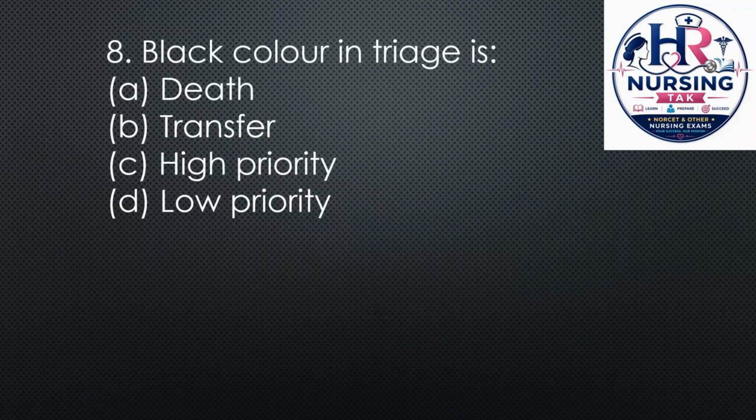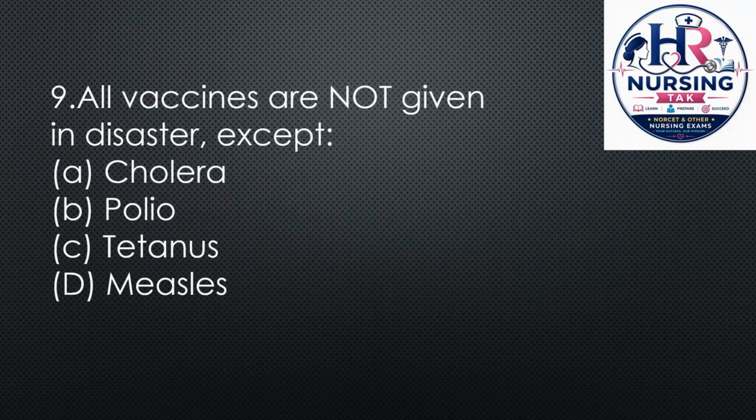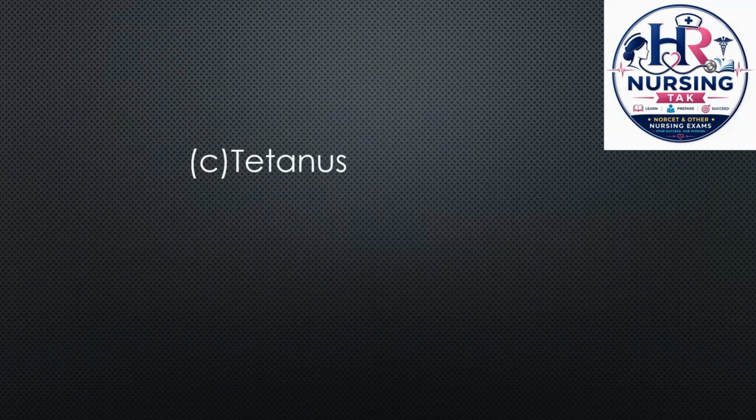B. Transfer. C. High priority. D. Low priority. Answer is A. Death. Question 9. All vaccines are not given in disaster, except A. Cholera. B. Polio. C. Tetanus. D. Measles. Answer is C. Tetanus.